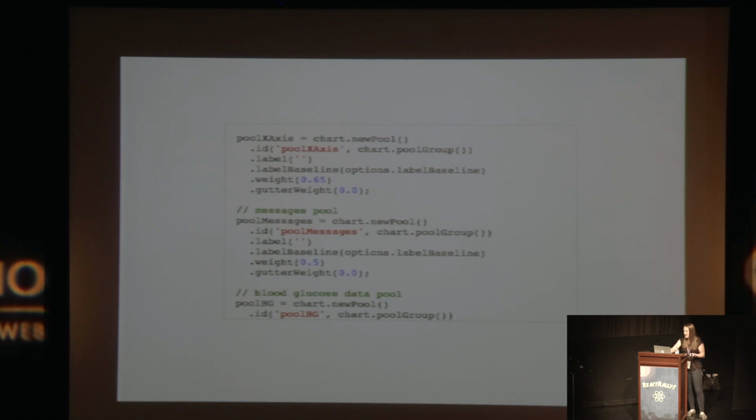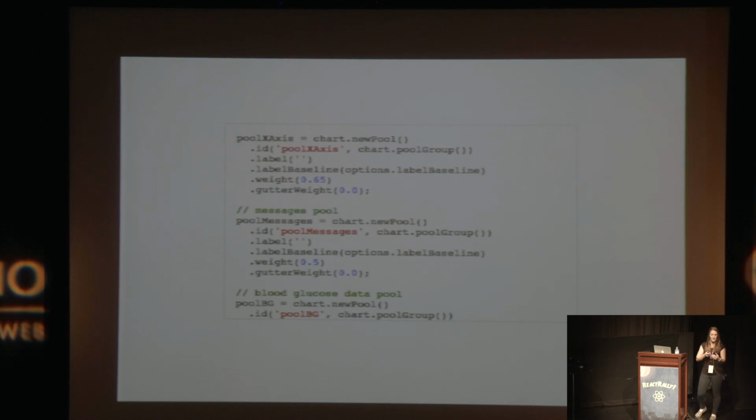I do this for a bunch of different pools. Then before I do anything else, I have to call these methods to arrange the pools. This is figuring out what height everything is actually going to end up based on those weights. Then setting up some layers for annotations, which I won't get into, but they have their own kind of tooltips, and then our other tooltip module.